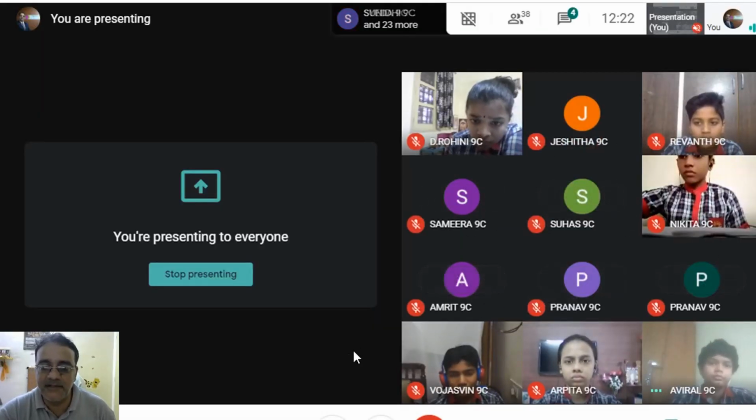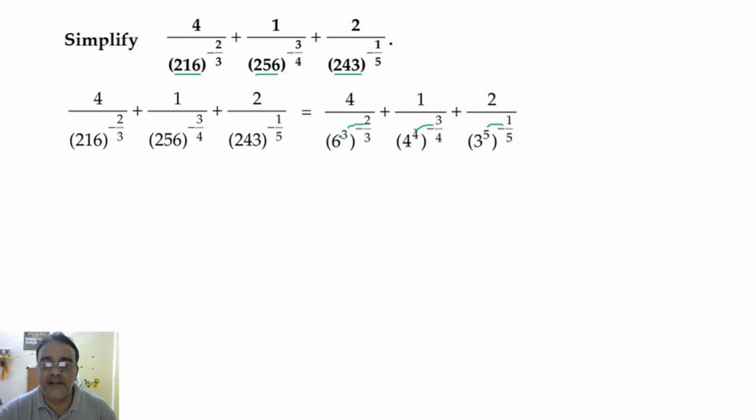Amrit, for this, which property you have to use? Multiply के लिए. Sir, a to the power of m whole to the power n. A to the power m whole to the power n is equal to a to the power m into n.